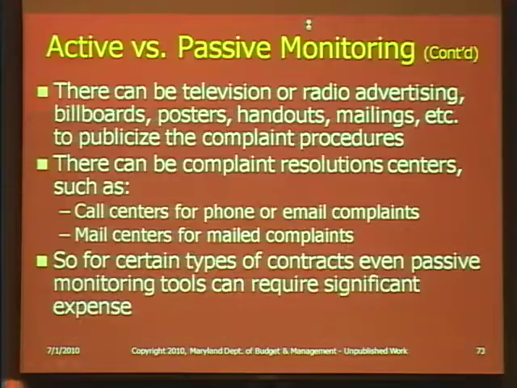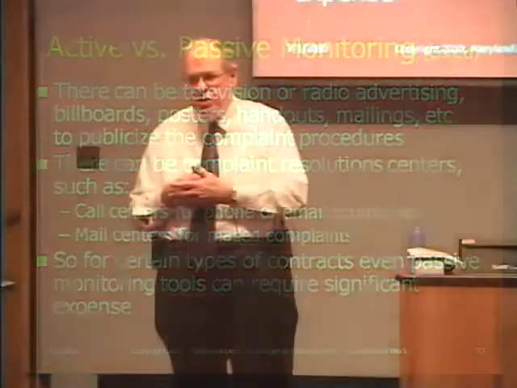You can put it on television, radio, billboards, handouts, that if you have a complaint, call this number. And you can have a complaint resolution center that is specified, a call center, so that people can call in with their complaints. So even with a passive type of monitoring, you can have an expensive situation to make sure that monitoring is in place.